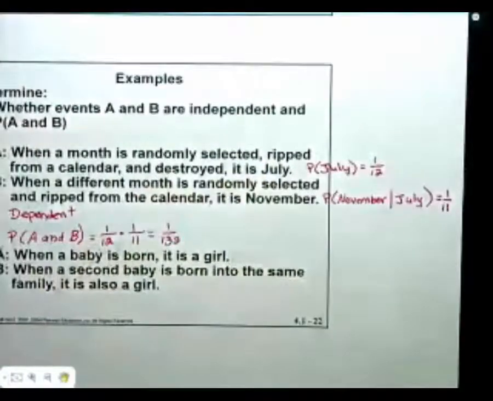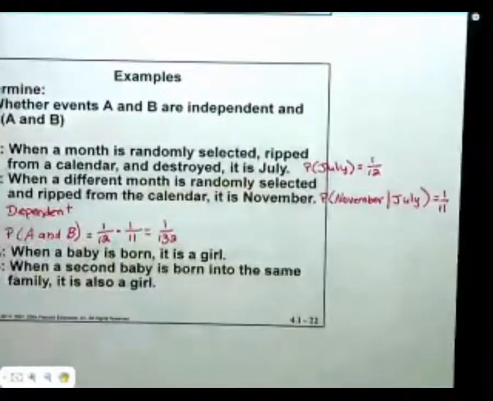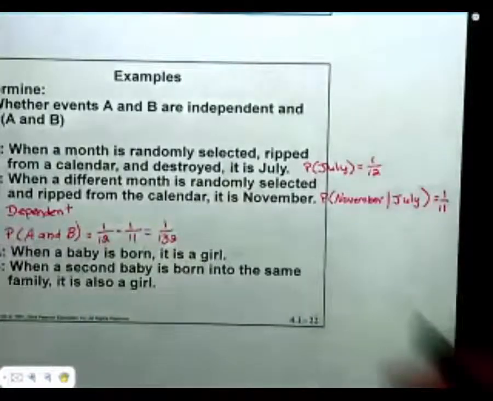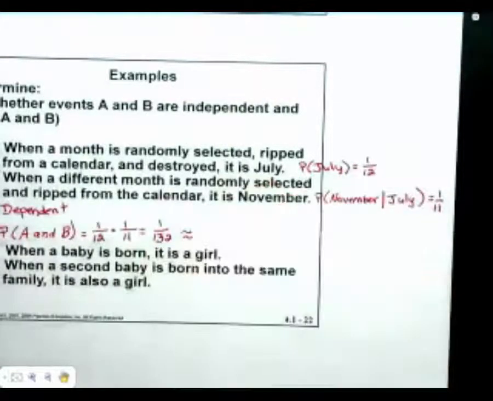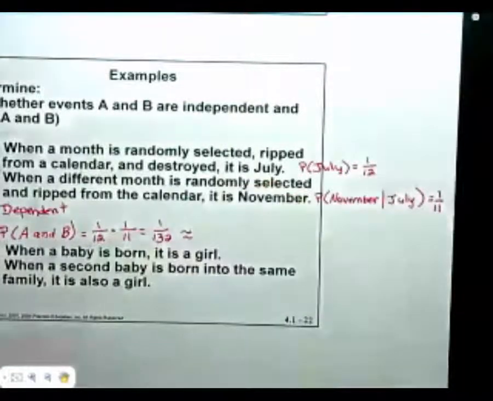It wouldn't be very often if you had 1,000,000 calendars and you closed your eyes and ripped out 2 pages. It wouldn't be very frequently that the first one just happened to be July and the second one just happened to be November. What is that probability if you round it to 3 decimals? No. That wouldn't be 0.132.